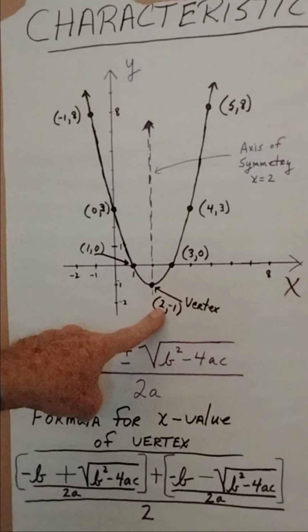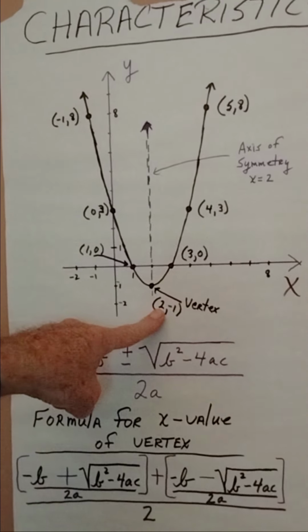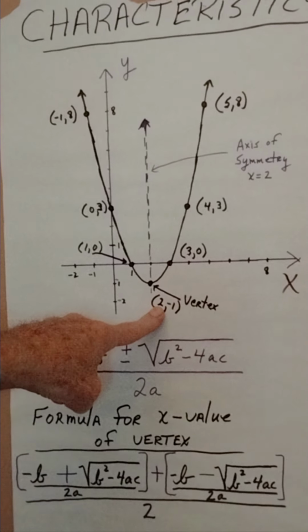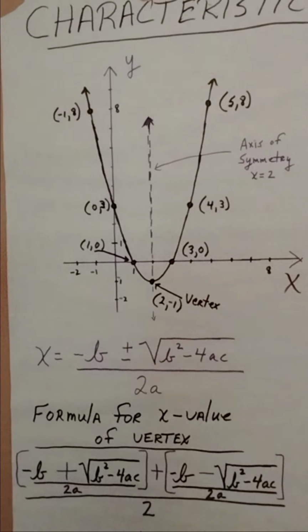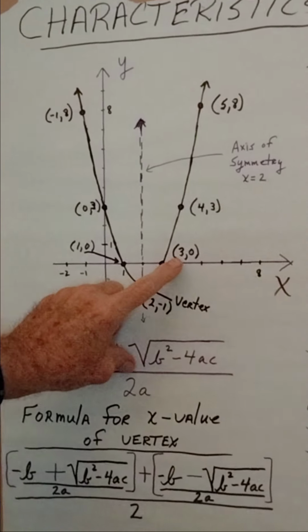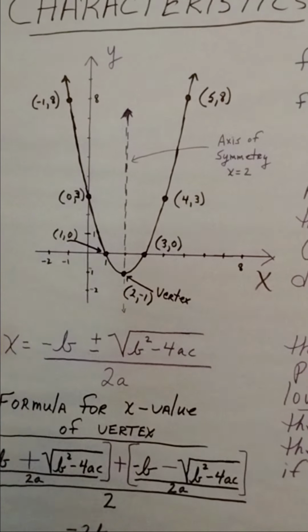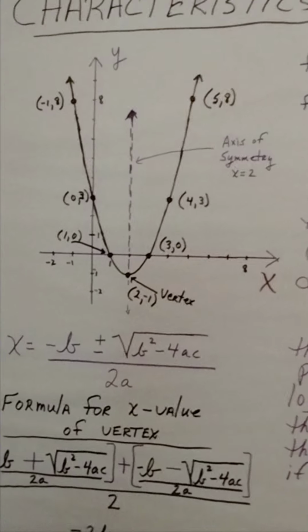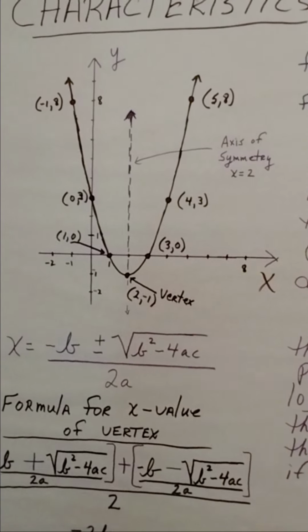The x value of the vertex for this quadratic function is 2. Let's go up to this first pair of mirrored values, and now I'm going to tell you a truth. There's a relationship between the x values of any pair of mirrored points, and here's the relationship. I'll say it slowly.